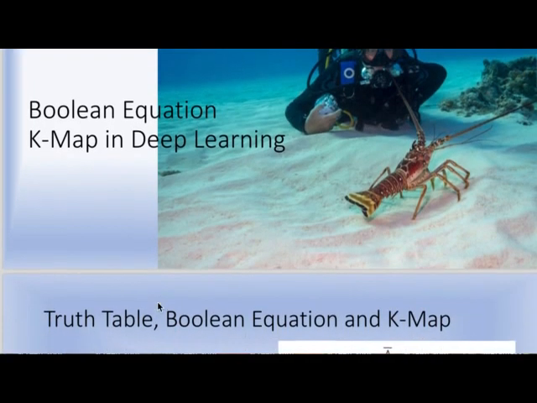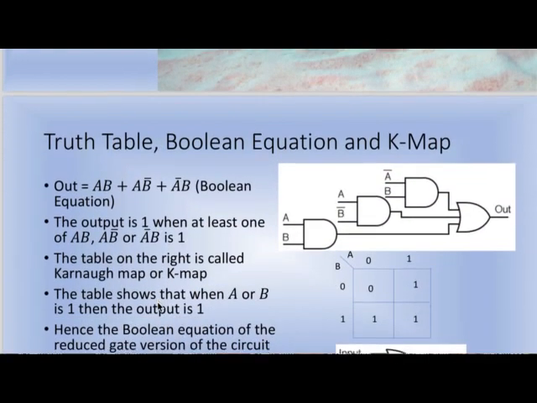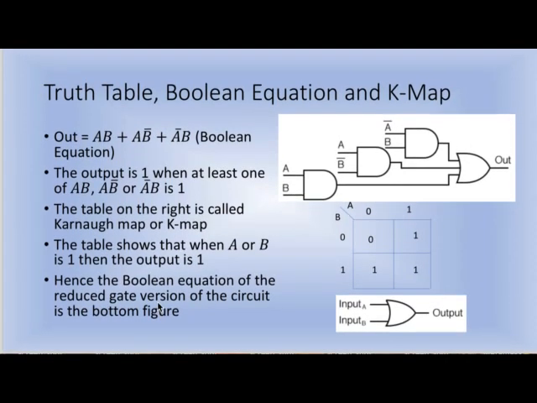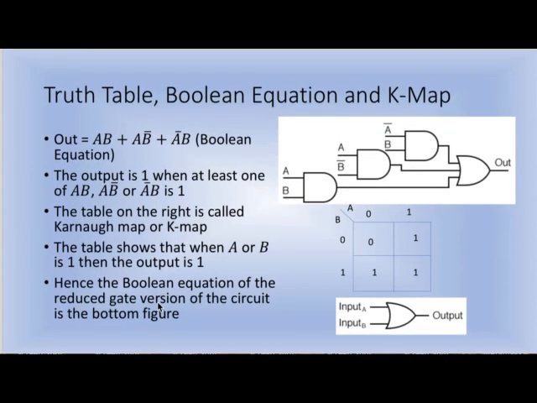Let's understand the concept by first understanding very briefly about Karnoff map, which is also called K-map, Boolean equation, and multilayer artificial neural network. The Boolean equation in this first bullet point is represented as a combination of AND gate and OR gate logic in this diagram.